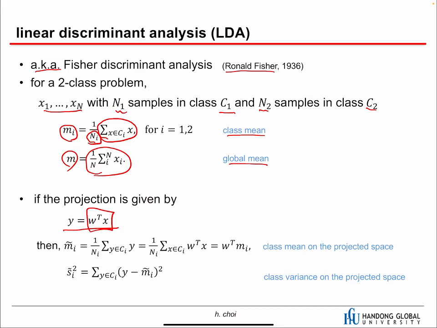W transpose X. Okay, and then M sub I tilde is the class mean on the projected space. This can be defined in this way.